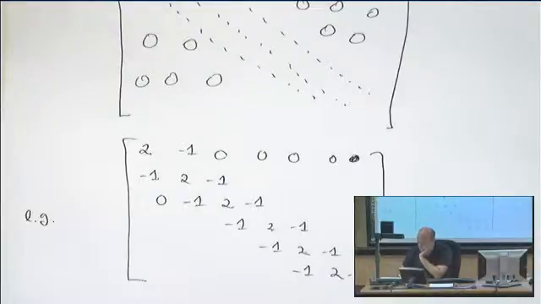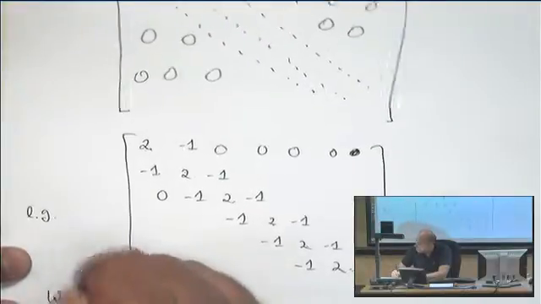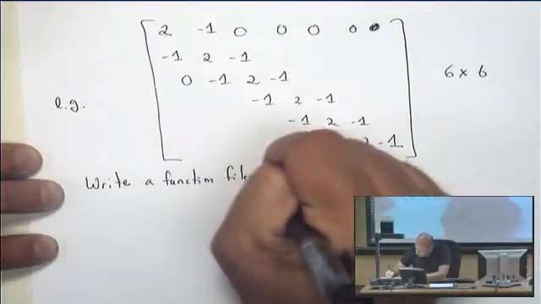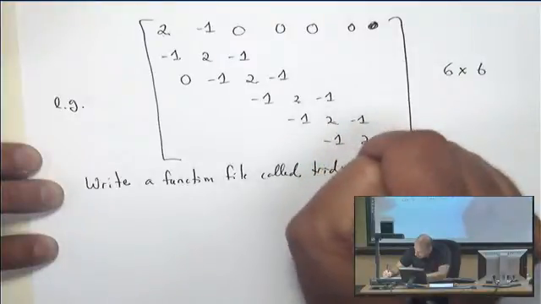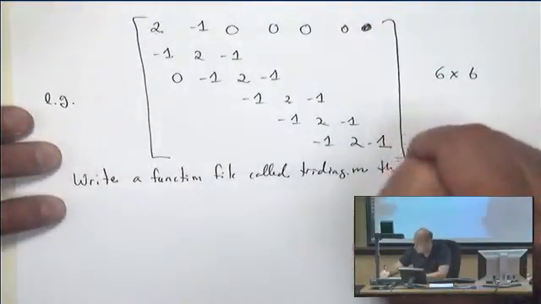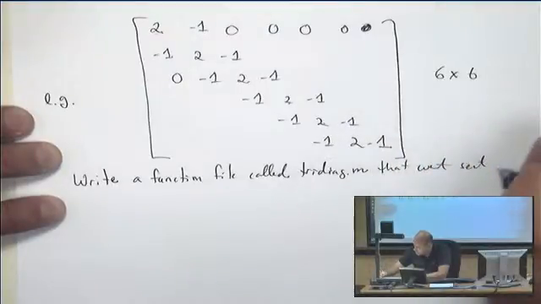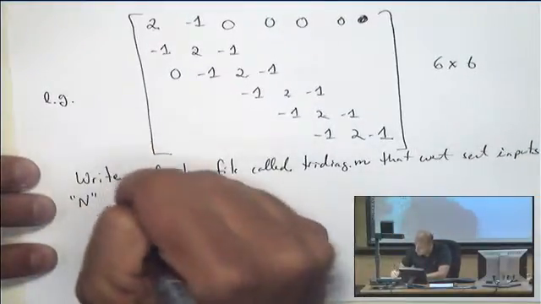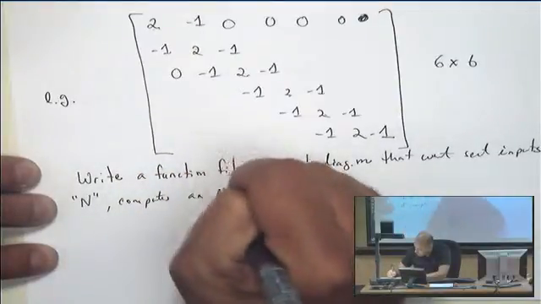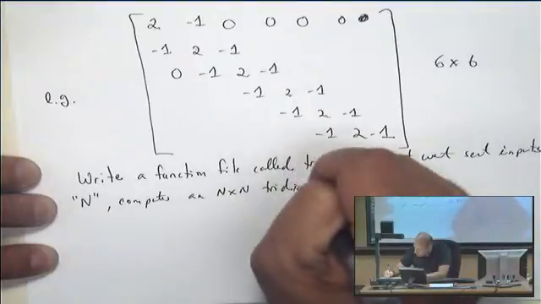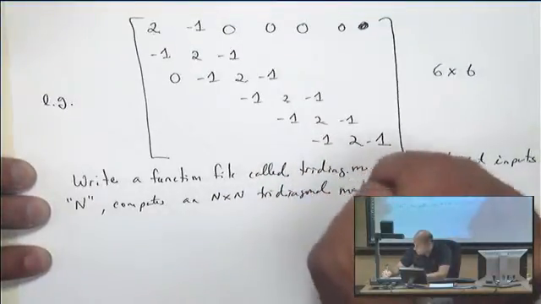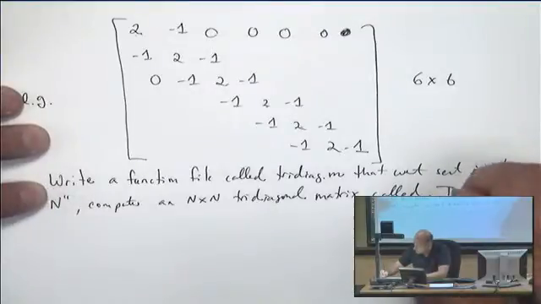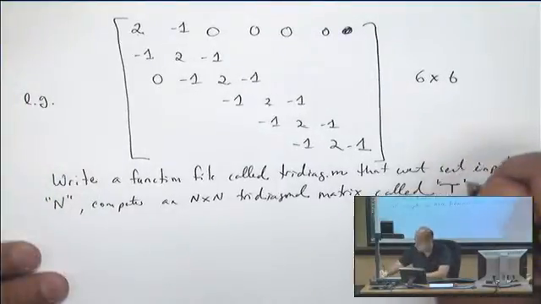So what I want to do is write a function file called tridiag.m that, when sent an input n, computes an n by n tridiagonal matrix called T. So that's our output.